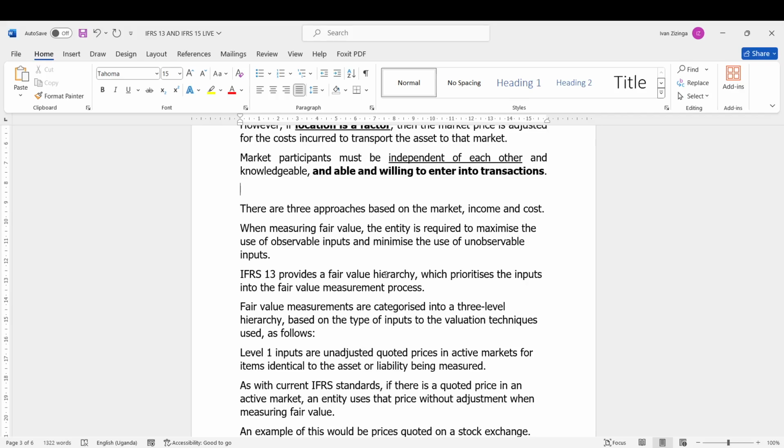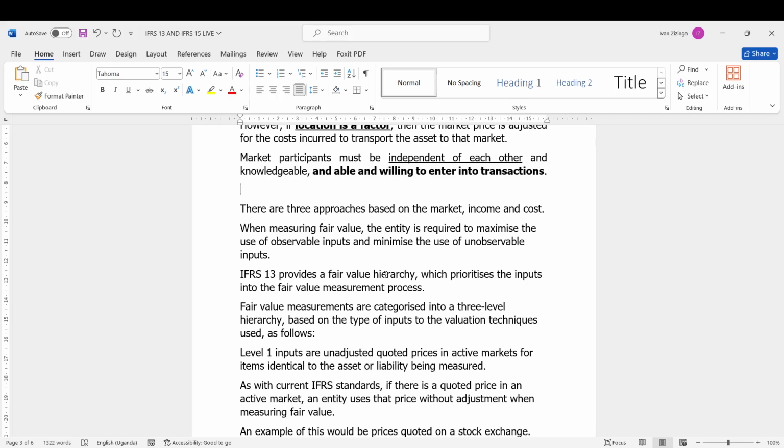Observable inputs are where your asset is traded on the market and the price is known. Like for shares, you know that there are volumes of transactions daily in the shares of MTN. Many market participants, the price is known.